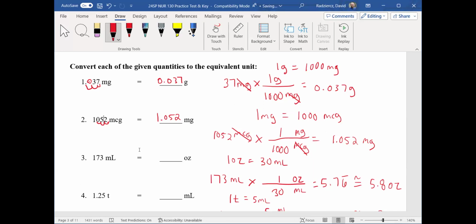And then I can't remember if I said this already today, but I said it in another review session. Let's say I was preparing a recipe and it said to add 173 milliliters and it came out to 5.8 ounces. I had to do a conversion because the only way I knew how to measure something was in ounces. I'm going to pour 6 ounces.